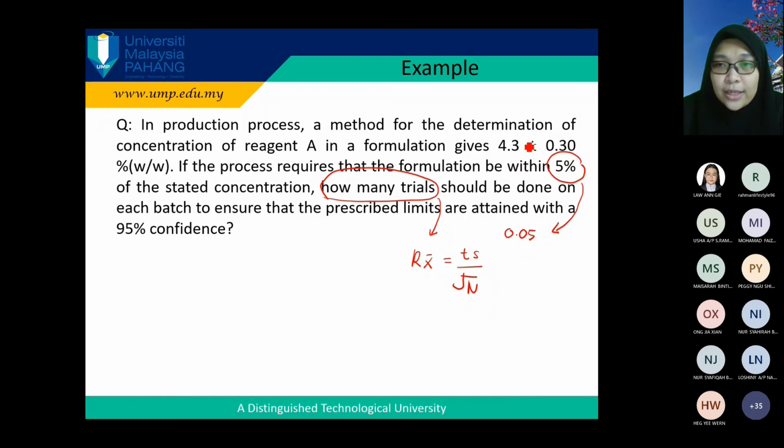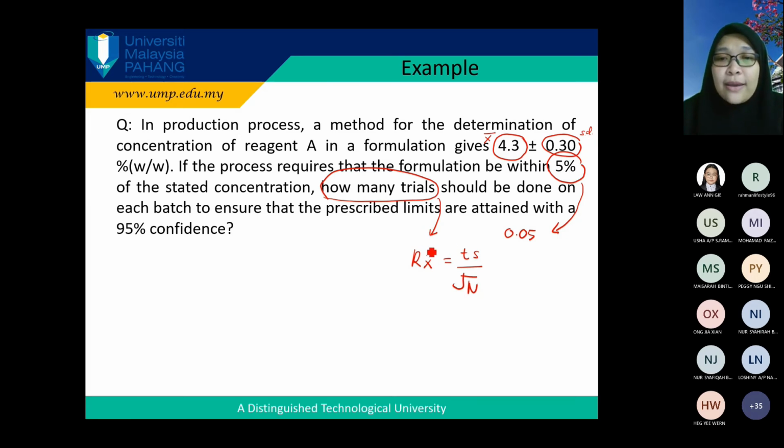Okay, so you are given the concentration of reagent A, 4.3 plus minus 0.3. So this one is mean. If you remember statistics, this one is mean, plus minus is standard deviation. I don't want to repeat this. If you forget, you have to open your statistics notes again. So 4.3 is the true value or mean, plus minus 0.3, which is the uncertainty or standard deviation.